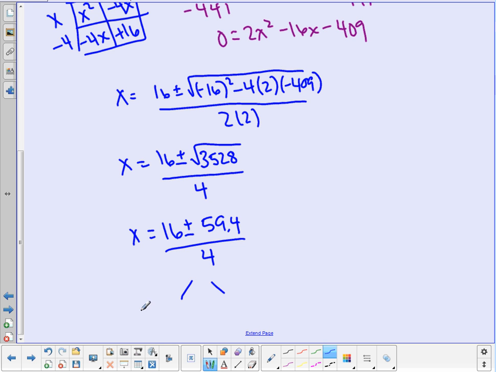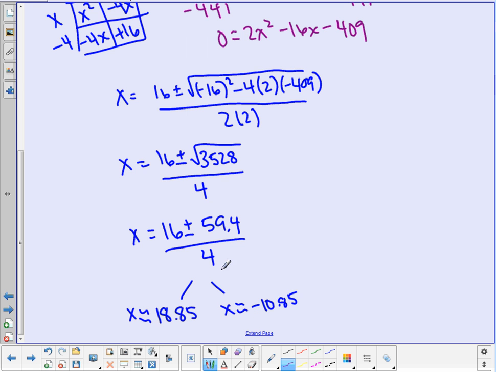So when I split that into two answers, I ended up with x being approximately 18.85, and I also ended up with x being approximately negative 10.85.